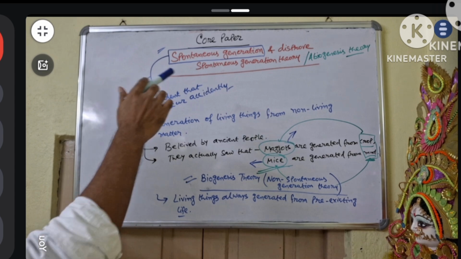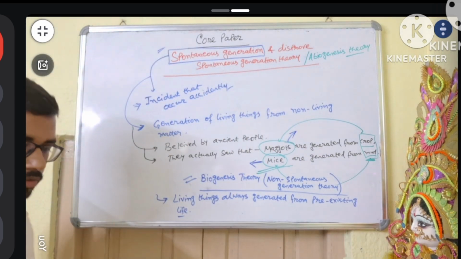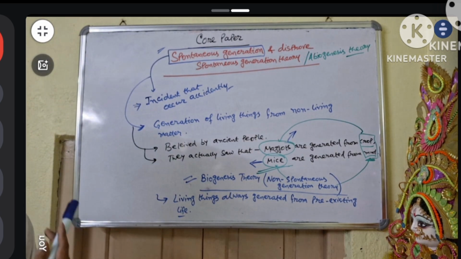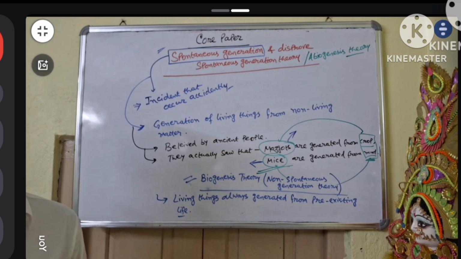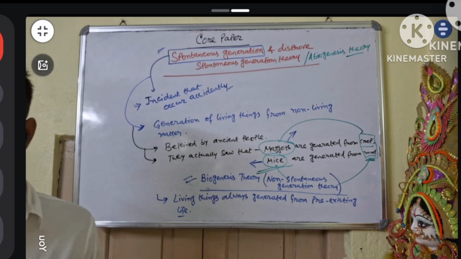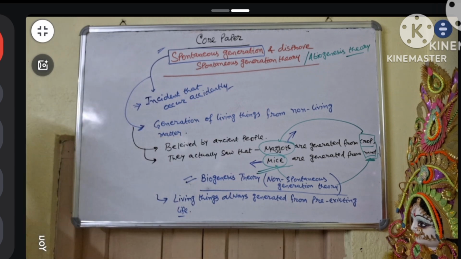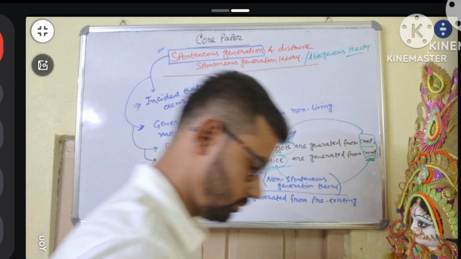So the heading is disproving the spontaneous generation theory. We need to first disprove the spontaneous generation theory, which is actually wrong, but the majority of people believed it was correct at that time. Various scientists came, and their contributions we will note after that. The two concepts, spontaneous generation and biogenesis theory, are clear.